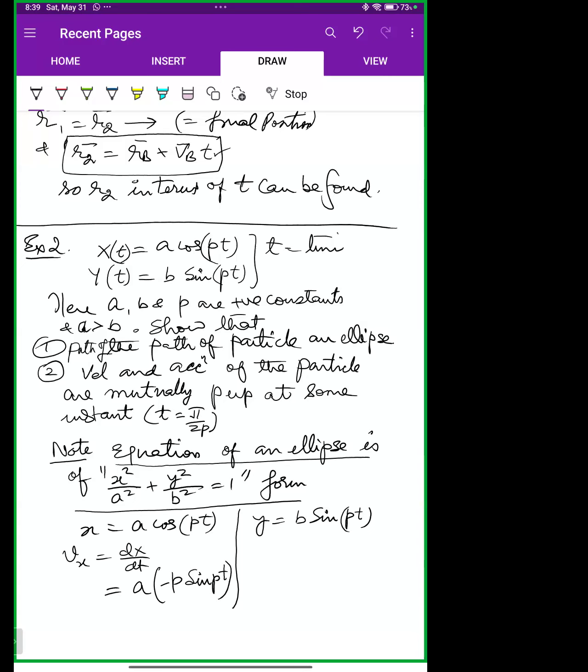And what is Vy? Vy is dy by dt. So Vy becomes b into sin pt differentiated, it becomes p cos pt.